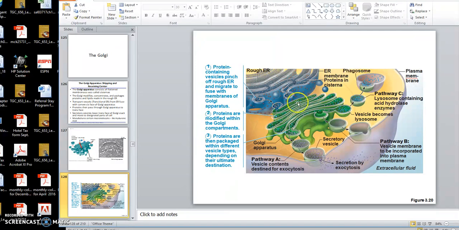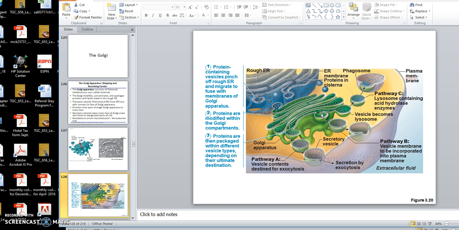The material then would go from here and then go to the next plate, and it would be modified, maybe cut off, and so forth. And then it would keep going, and then that would pinch off, go to the next one. That would pinch off until finally you get to the trans.